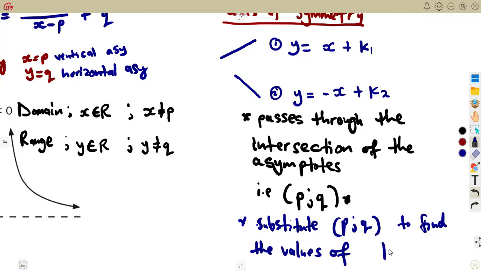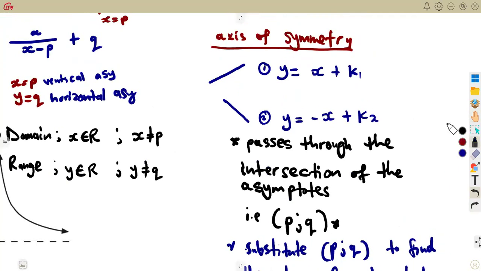K1 and K2 depend on what you're given. Your teacher can give you Q, they can give you C, they can give you any letter.